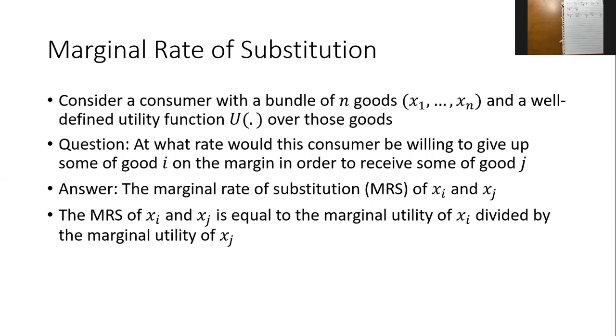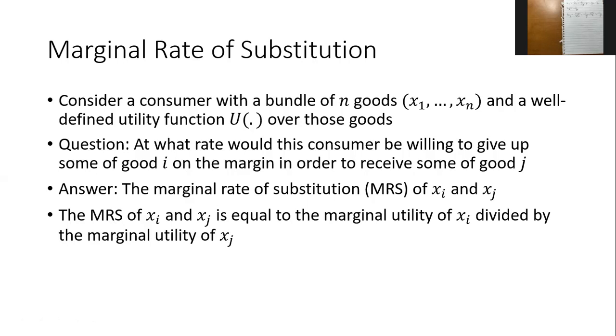But there's a very interesting and helpful property of the marginal rate of substitution, which is that it's equal to the marginal utility of xi divided by the marginal utility of xj. You should think of i and j as the index, the type of good you're talking about. Which good? Good i or good j. So the marginal utility of xi divided by the marginal utility of xj, that fraction is equal to the marginal rate of substitution.